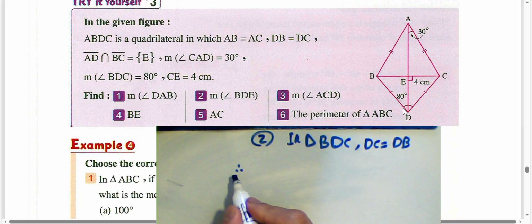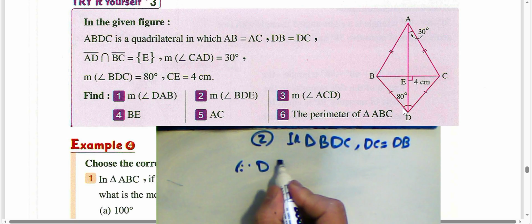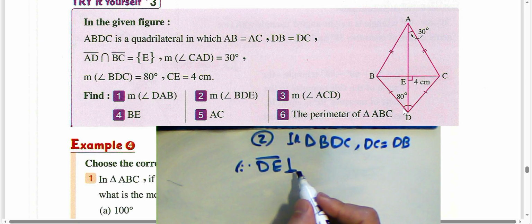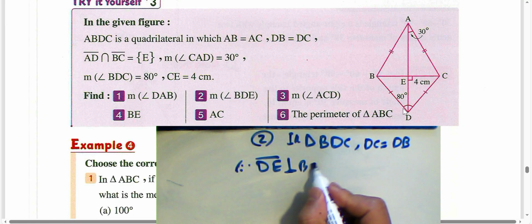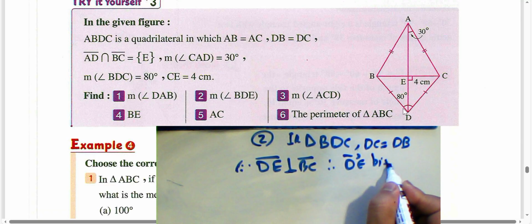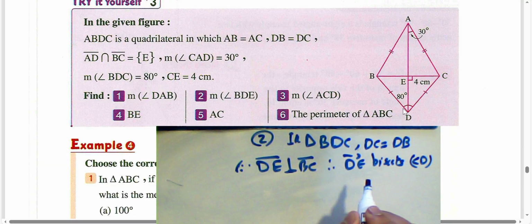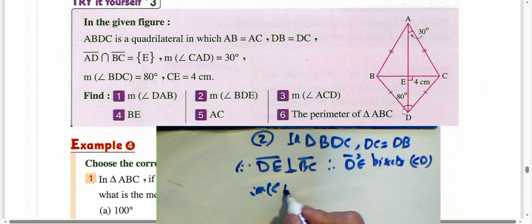Then also he gave us DE such that DE was perpendicular to BC. Then the ray DE will bisect angle D.